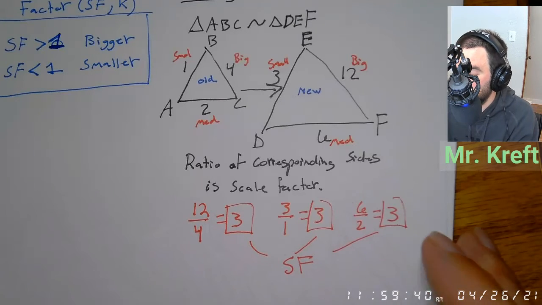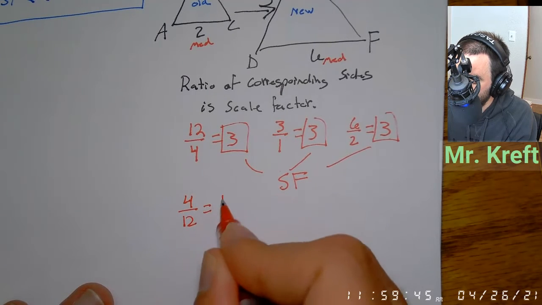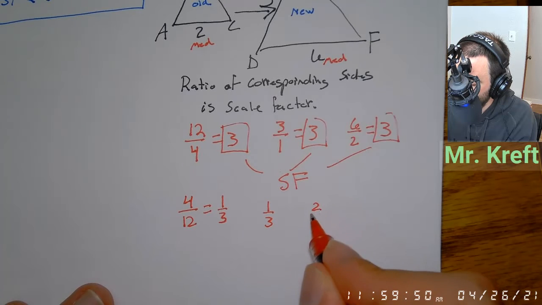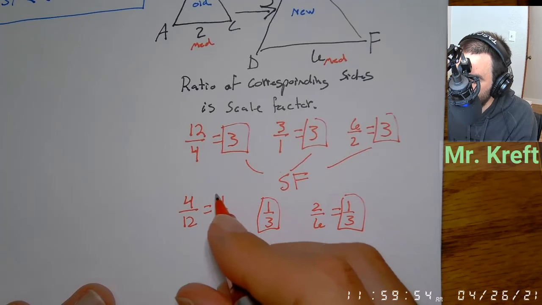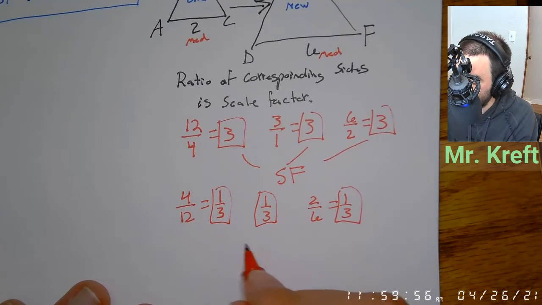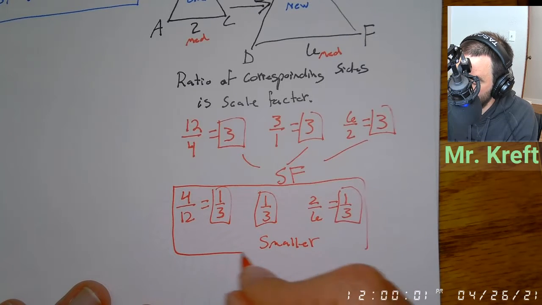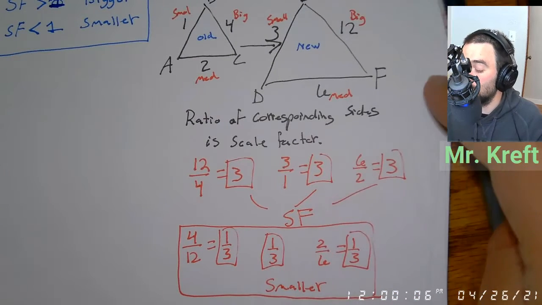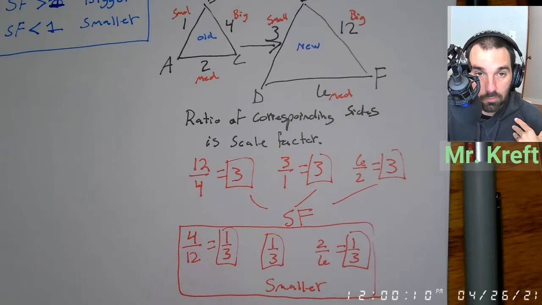Now, let's say you made a mistake, and you put the wrong triangle on top. Do you see how all it does is flip? So this is getting smaller. What's more important than anything is making sure you're consistent, with the same triangle on top always.